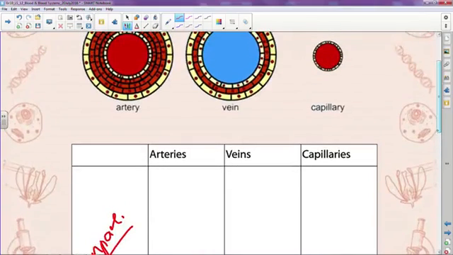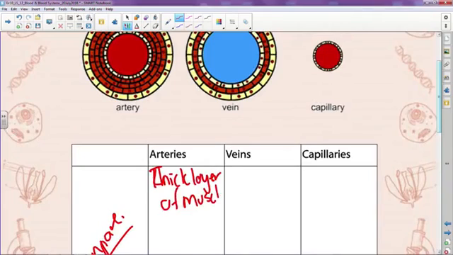So when we looked at an artery, what was one of the most obvious things we saw? It has a thick layer of muscle. Right? And then we looked at our veins. We noticed a thin muscle.